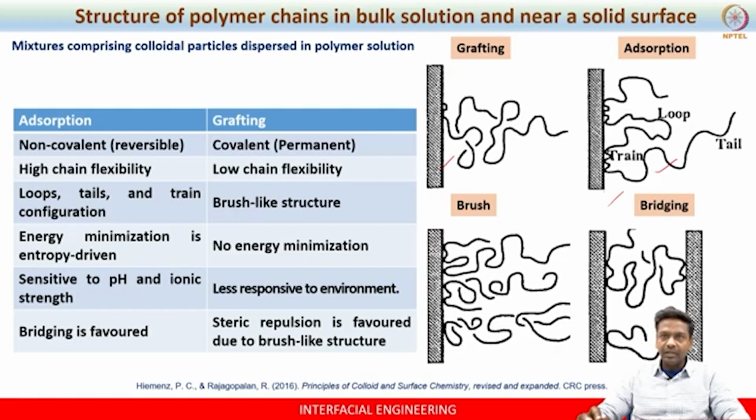Whenever the affinity between the polymer molecule and the surface is good, they will get anchored onto the surface. In the case of grafting, it is purely due to the covalent interaction. Because it is a covalent interaction, the chain doesn't offer good chain flexibility. But in the case of adsorption, it offers good chain flexibility.